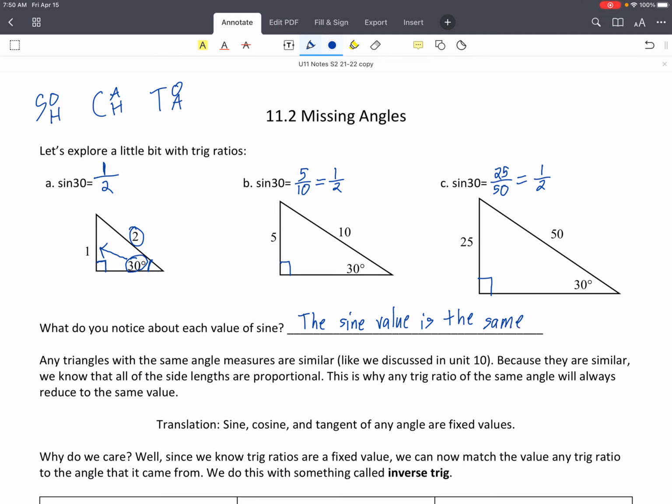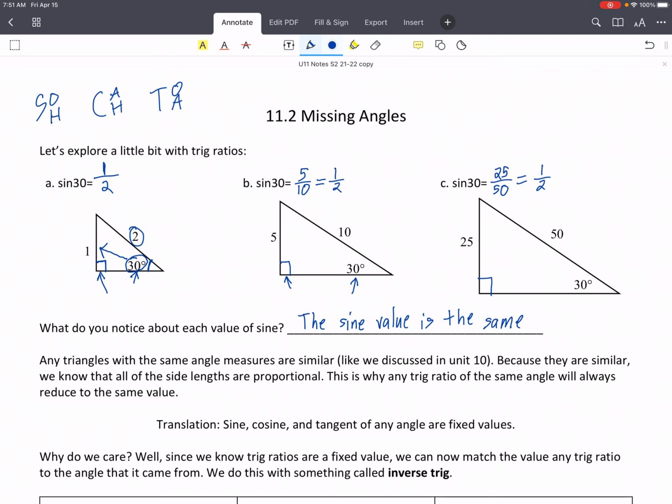One thing we know about these triangles is that each of them has two angles that are the same, right? They have the 90-degree angle and then the 30-degree angle. Remember from last unit that if triangles have two angles the same, that means the triangles are similar.